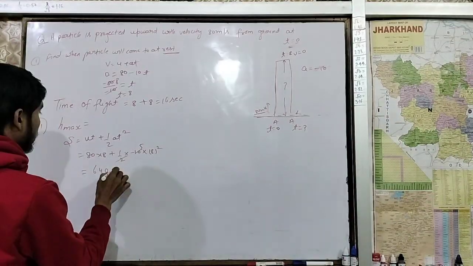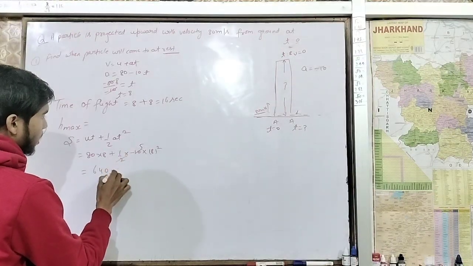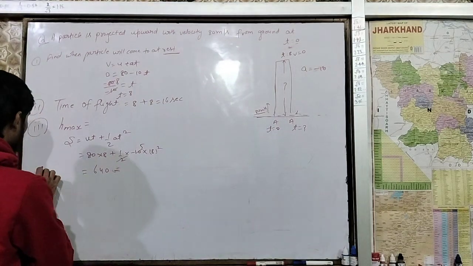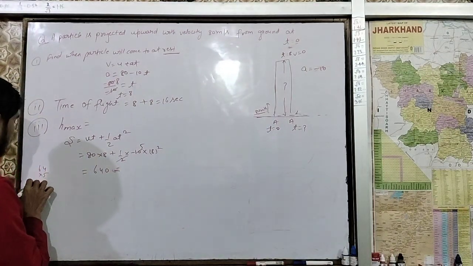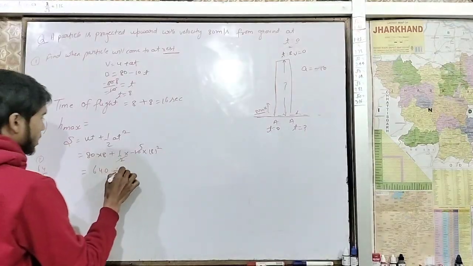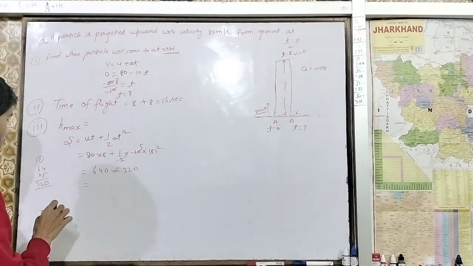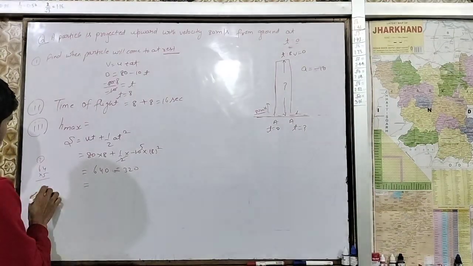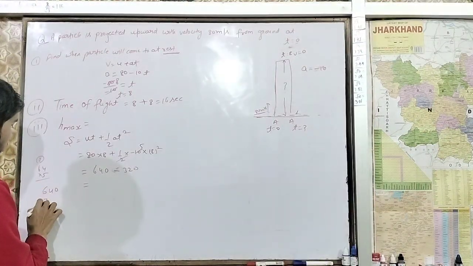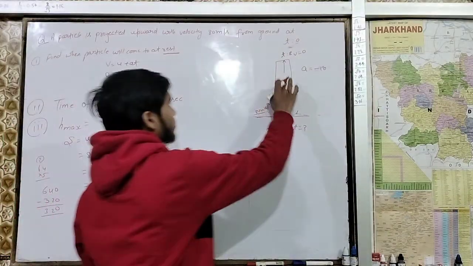Plus, minus 64 5s are 320. 640 minus 320 is 320, which is the displacement from here.